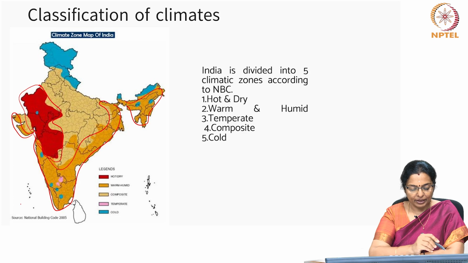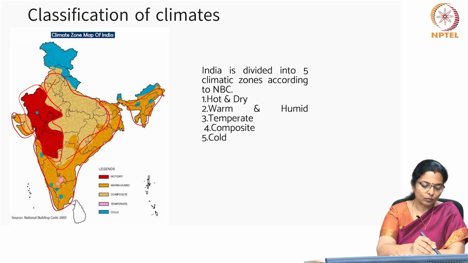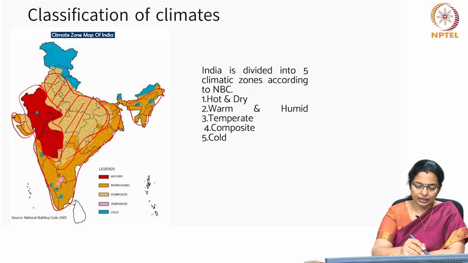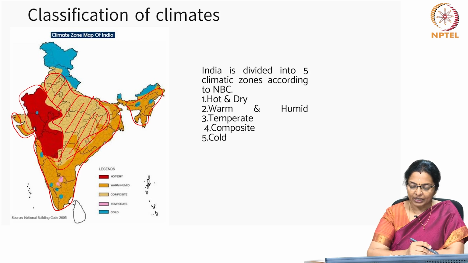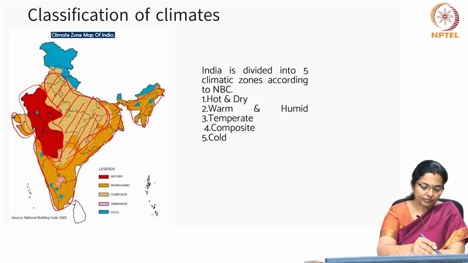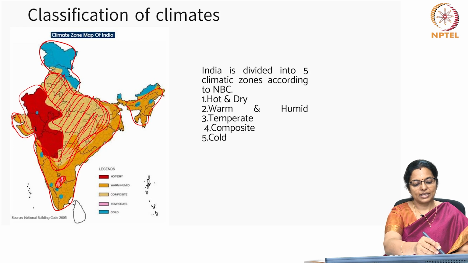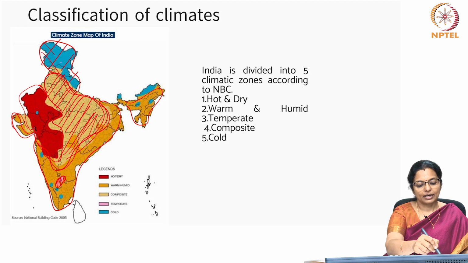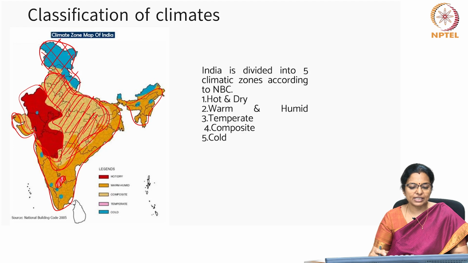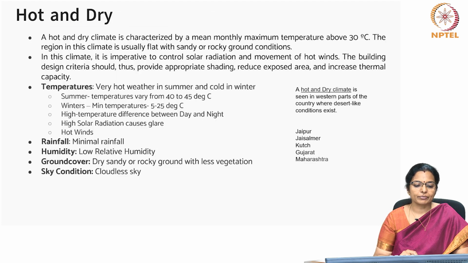There is temperate climate or moderate climate, then there is composite climate. There is a small belt of temperate climate and then there is cold climate. So this is the climate classification as per NBC, which is extremely broad for a country like India.